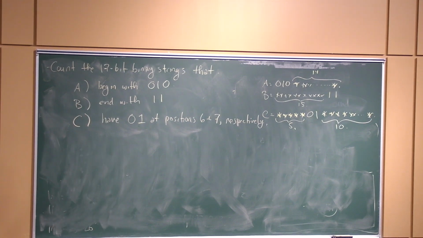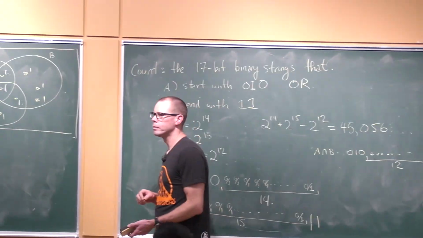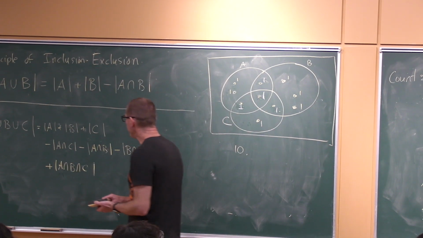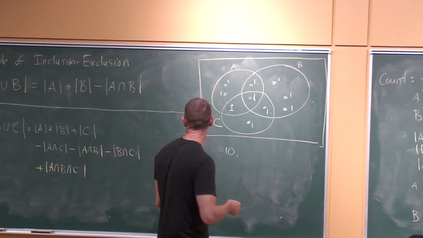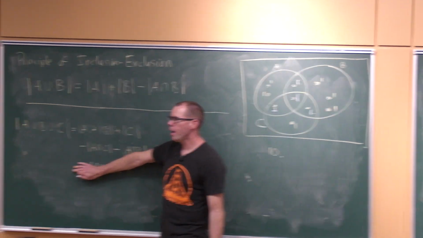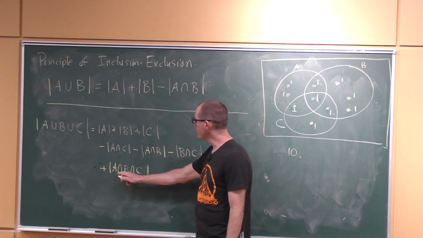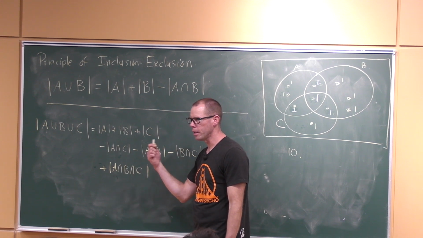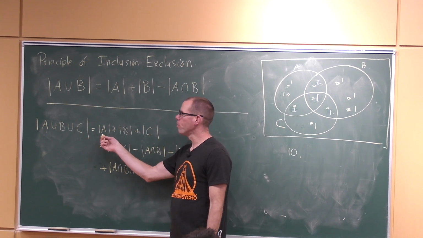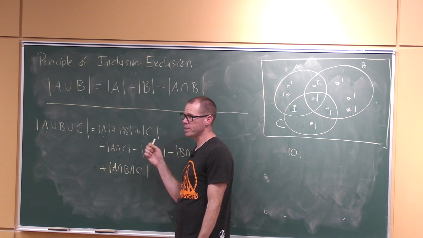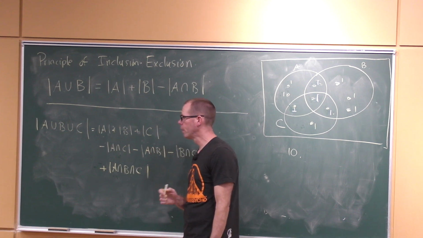Could you go over again why you added back the intersection of A, B, and C? Yep. That's because if I cut the formula off here, then the stuff that is in the intersection of A, B, and C, that means it's in A, it's in B, and it's in C. So that means I counted it when I counted A, I counted it when I counted B, and I counted it when I counted C. That means that stuff's been counted 3 times.